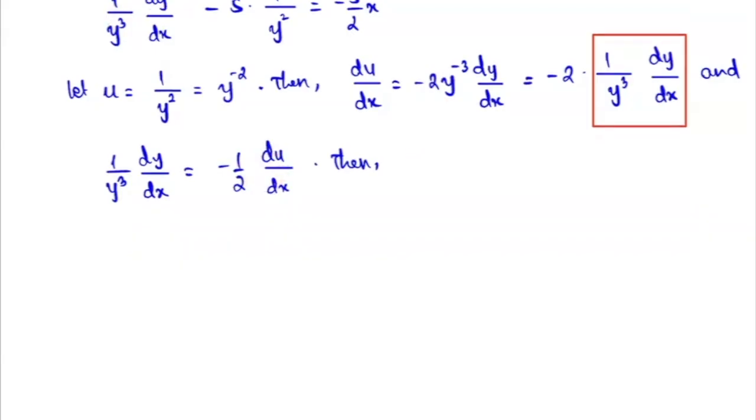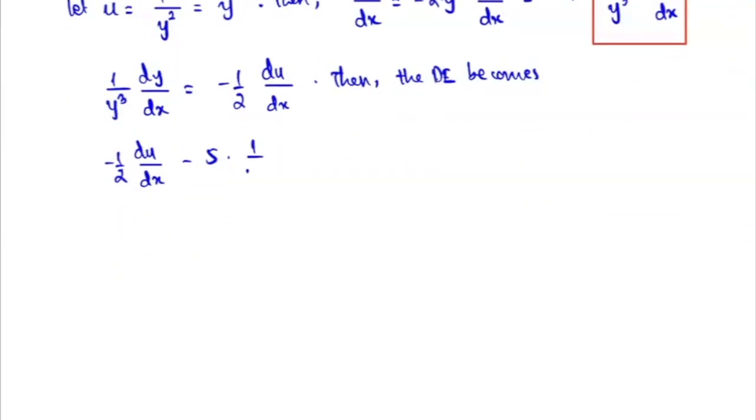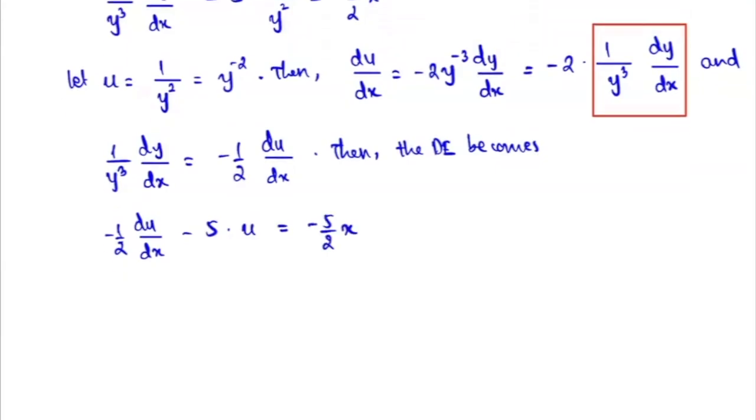Then the differential equation becomes -1/2 du/dx minus 5 times 1 over y squared, but 1 over y squared is equal to u already, so it's times u, and equal to -5 over 2x.